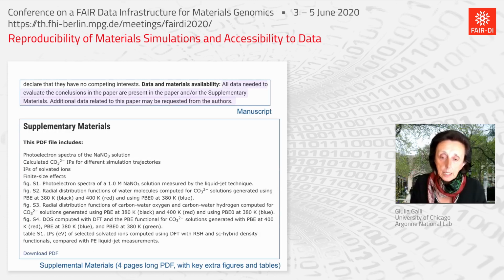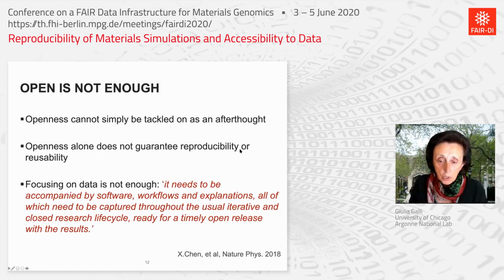And this is just an example actually taken from one of my own papers, so that we don't blame anybody else, of a supplementary material which is 4 pages long. It has extra figures and tables that actually turn out to be very important. And as with all supplementary materials, it is not searchable. So this is an example of data that are not made available and are not usable, certainly, like all the other data of the paper, by other researchers.